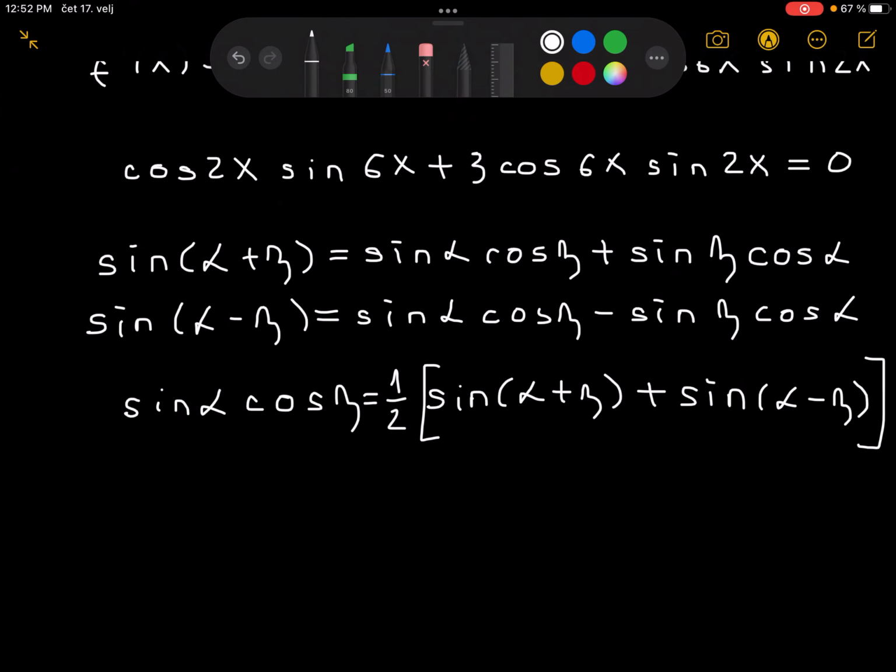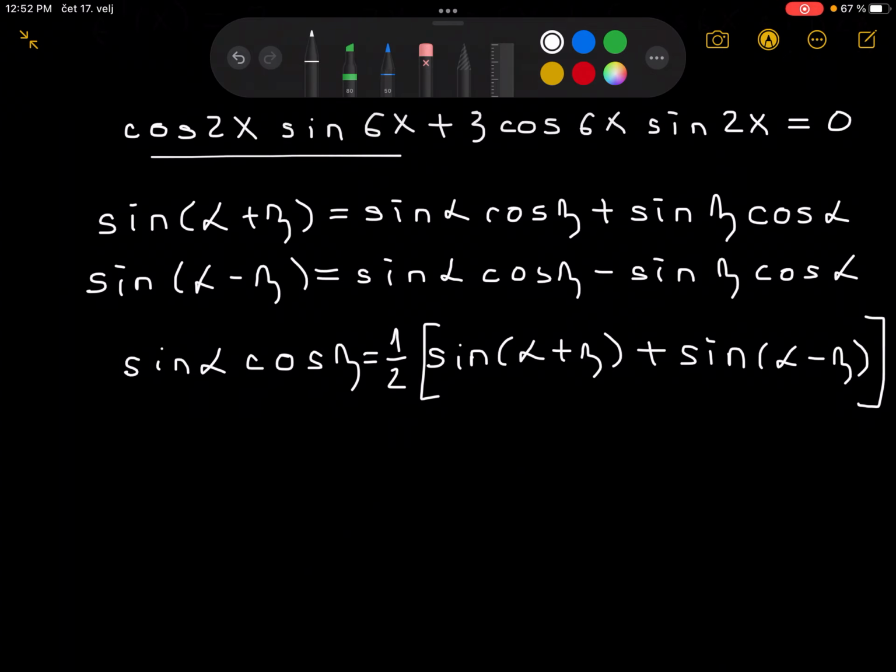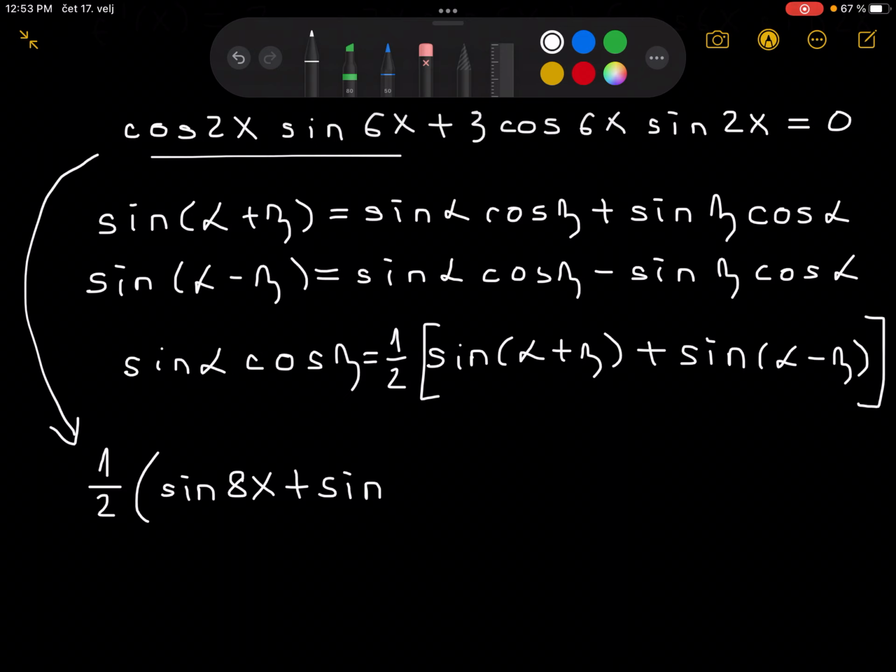Now, that would mean that this first expression can be rewritten as 1/2 times the sine of 8x plus the sine of 6x minus 2x, which is the sine of 4x.